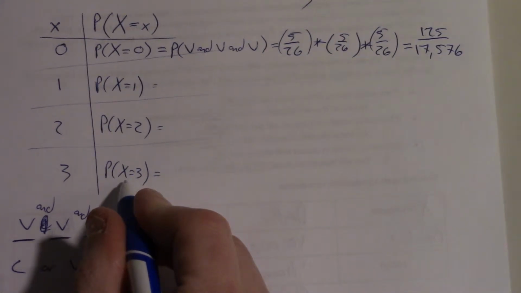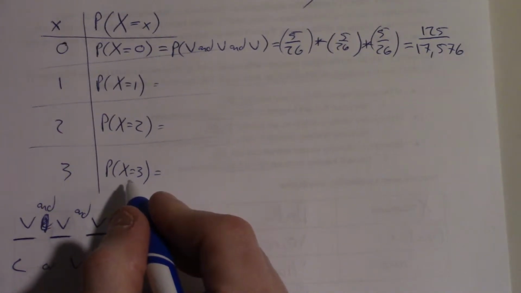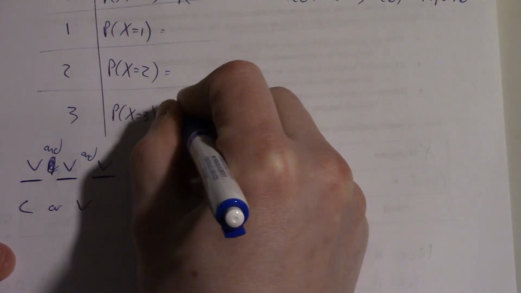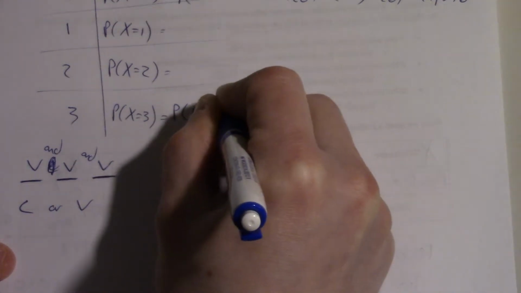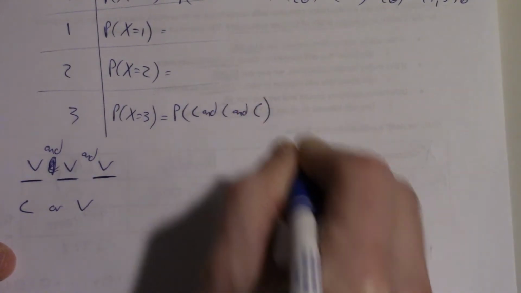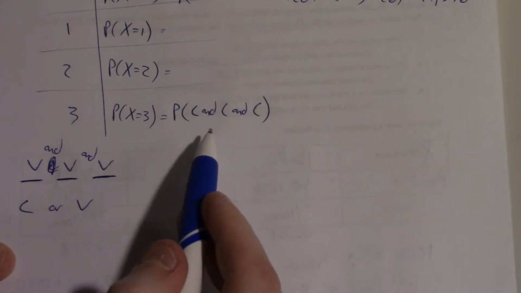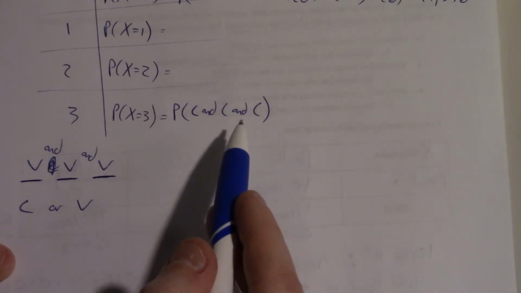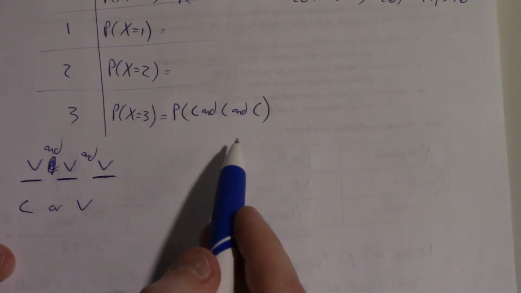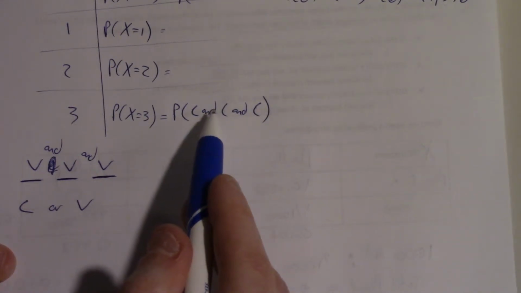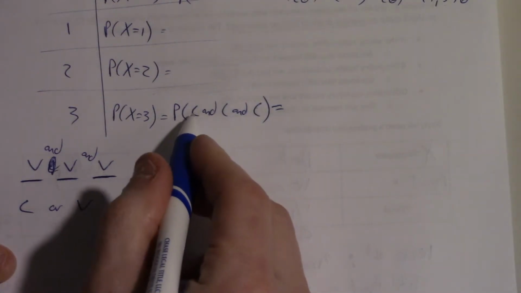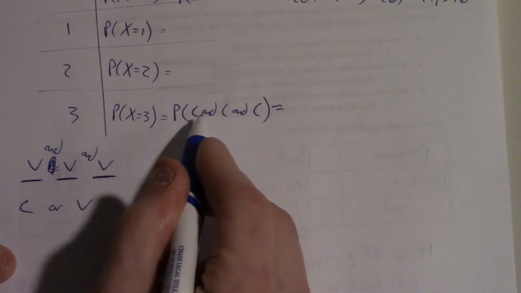Okay, we can do a similar process for when x is 3. So when x is 3, this is saying we have 3 consonants. So we want to know what's the probability that we get a consonant and a consonant and a consonant. Okay. So we see the ands, we're going to use the multiplication rule. And since we know that these 3 different slips are independent, we just multiply the probability of each of them all together. So we reach into the hat. What's the probability that the first slip of paper we pull out is a consonant?